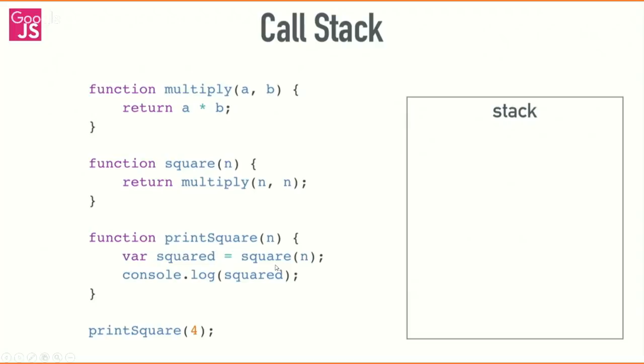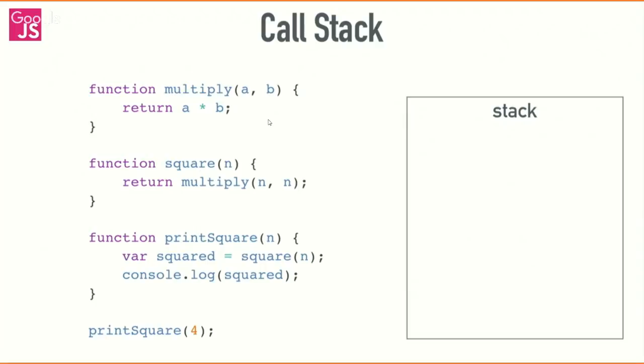It assigns it to the squared variable, which is assigned to whatever the square function returns, and then it console logs the returned result. And here we just call the function, which triggers this sequence of function calls. So hopefully this code makes sense. This is something you'll see in a lot of interview questions as well, so it's good to know how to get your head around this.